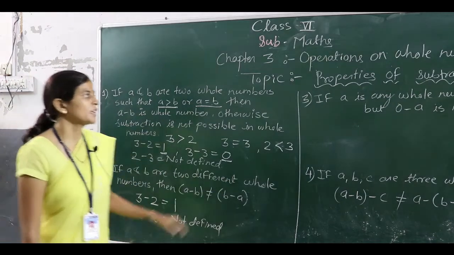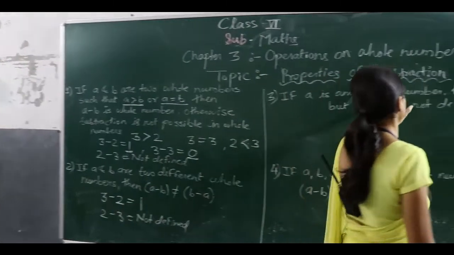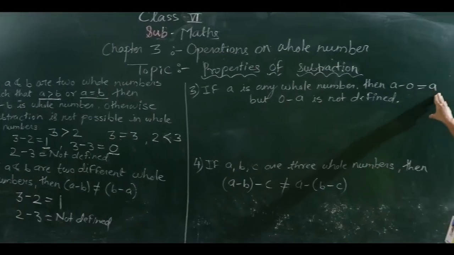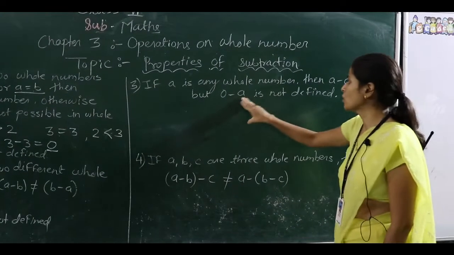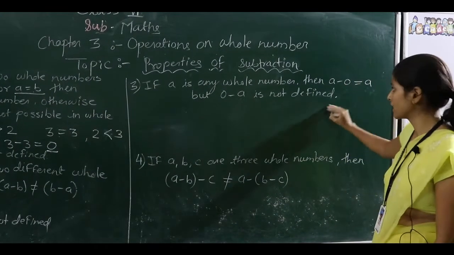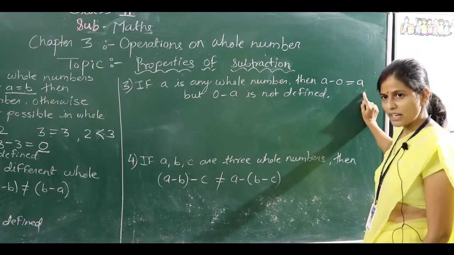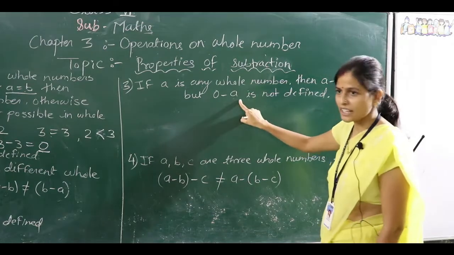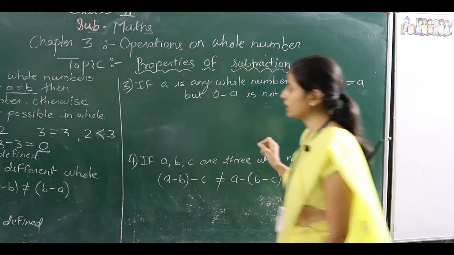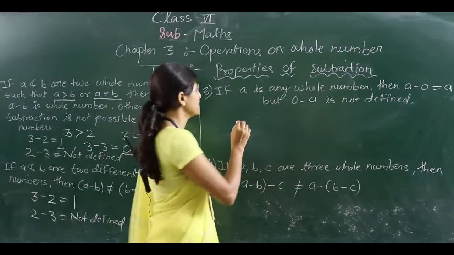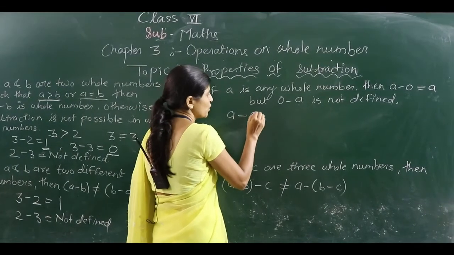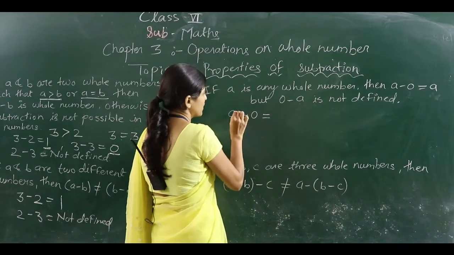Now the third one is: if a is any whole number, then a minus 0 equal to a, but 0 minus a is not defined. In addition, a plus 0 equal to a and 0 plus a is again a, but in subtraction only with a minus 0 do we get the same number. Suppose a equal to 9.